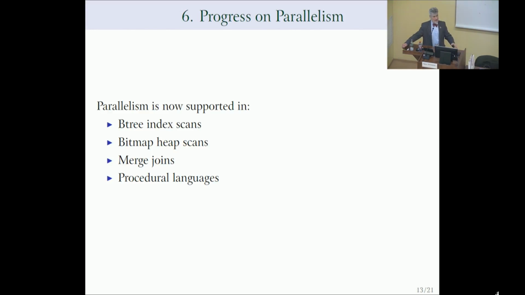So in Postgres 9.6, we added the first aspects of parallelism. And in Postgres 10, we have additional parallelism, particularly B-tree parallelism, bitmap heap scan parallelism, and merge join parallelism. So again, this makes Postgres much more capable in processing large amounts of data.